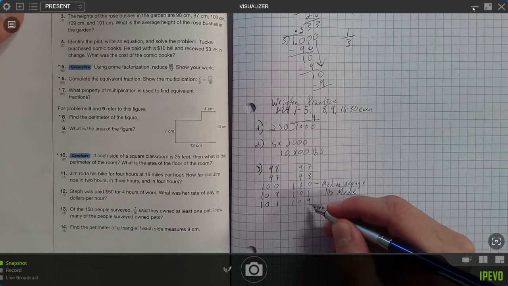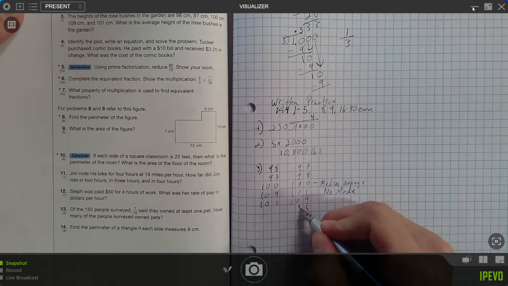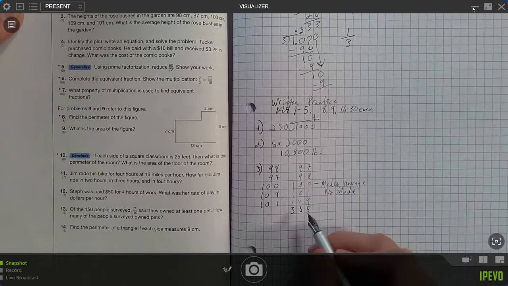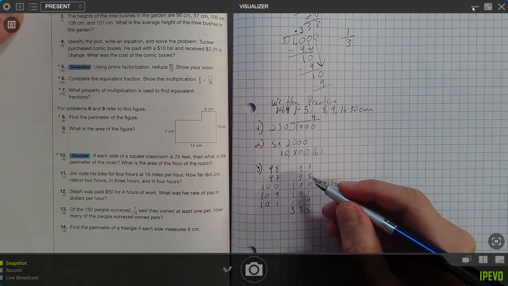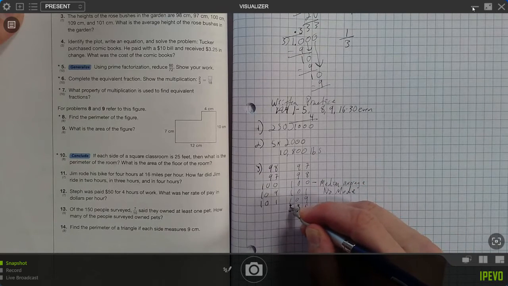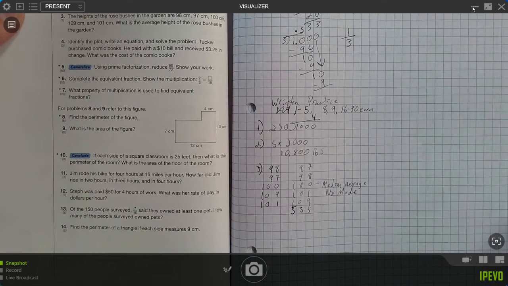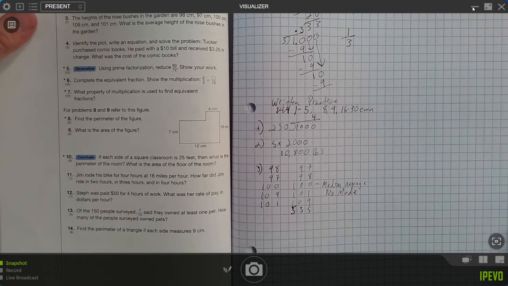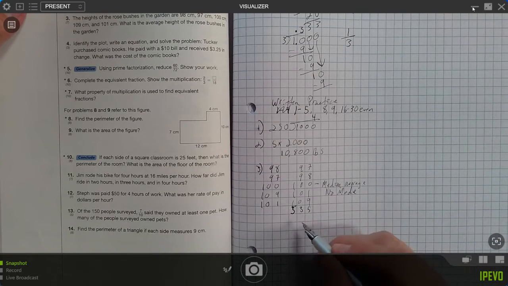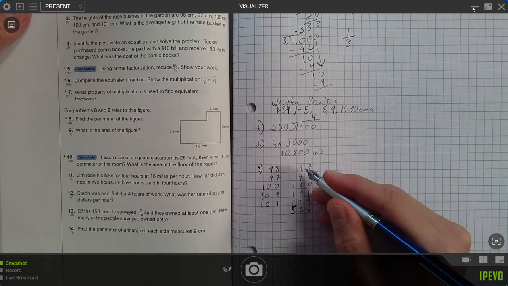And our mean, we have to add them all together. Wait, what? Sorry, 535. There we go. Did I do that right? I think I did that wrong. I think it's 525, right? 15, 10, that's 2.